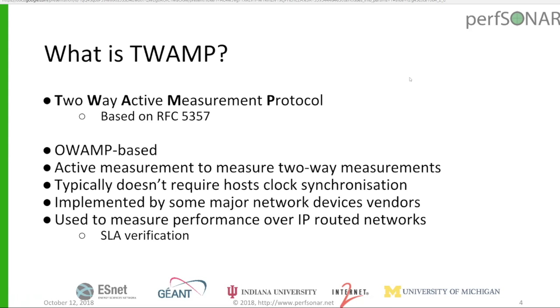So TWAMP stands for two-way active measurement protocol, and it was defined in RFC 5357 by the IETF. In fact, TWAMP is based on OWAMP, a well-known one-way delay measurement protocol, but it adds two-way measurement capabilities to it, so that you can do these kinds of performance measurements between two TWAMP-enabled endpoints.